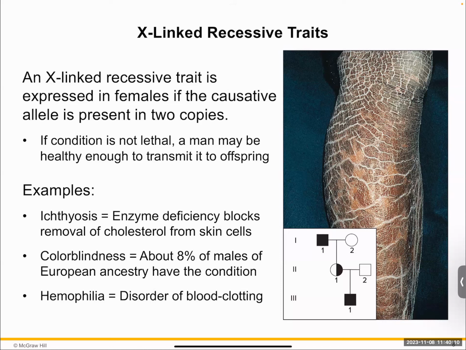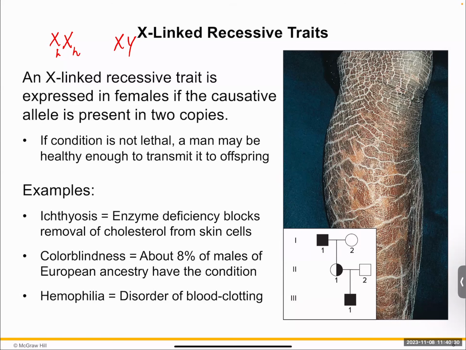Now, again, in X-linked inheritance, you must have two copies of the recessive gene for you to actually see the result. So let's say this is a female and this is a male, and the condition we're talking about is hemophilia.